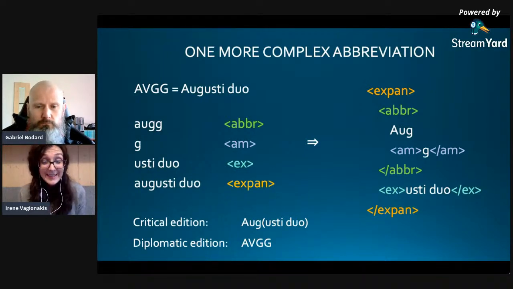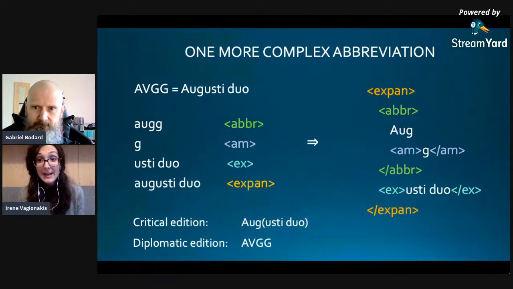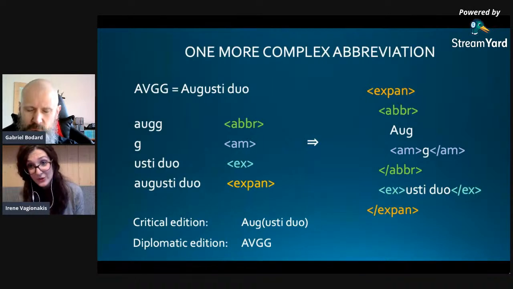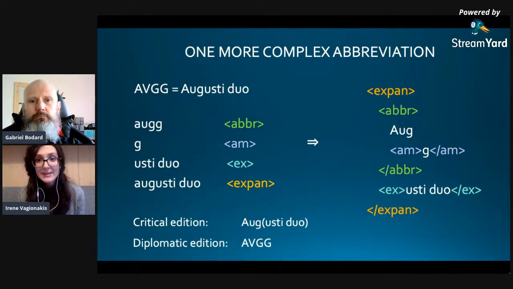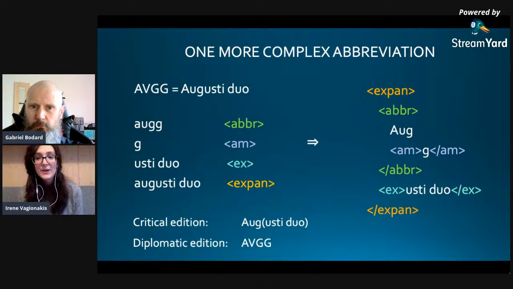So in this case, as you can see on the right, we have expan surrounding everything, and then we have abbr for what is actually on the stone, so aug with both the G's, then the expansion ex with usti duo, but we encode the second G, so the one that is the abbreviation mark, with the element am, so marking it as an abbreviation mark.